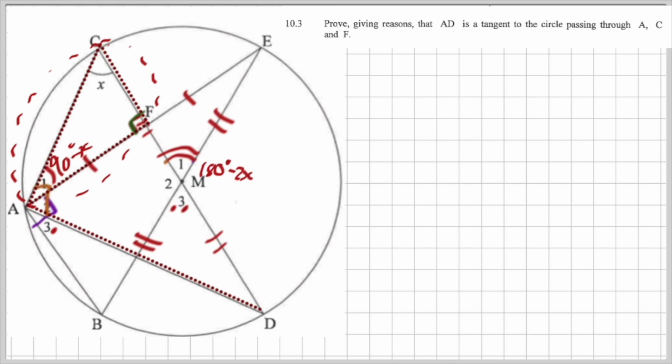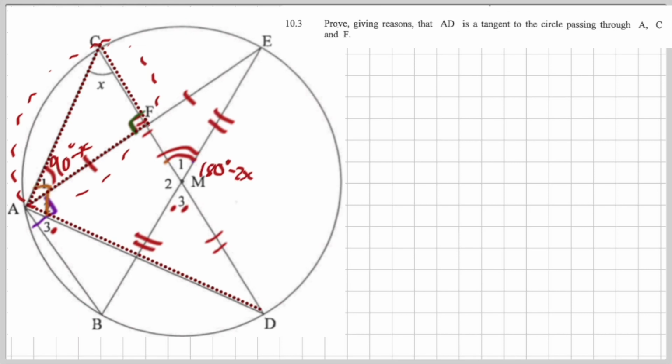My matrics every year go, oh sir, but AD lies inside a circle. It cannot be a tangent. I know that in the big sketch, but what we are asking you is, if I had to draw an imaginary circle around A, F, and C, would AD be a tangent to that circle that's not drawn? That is the big question.